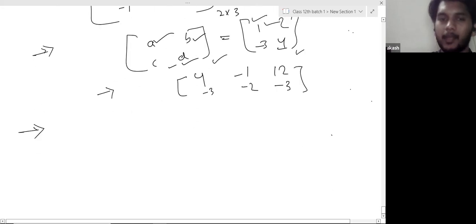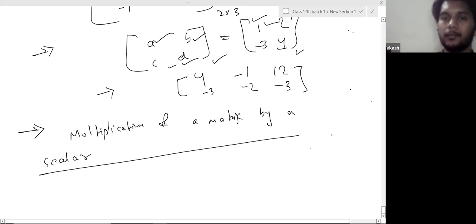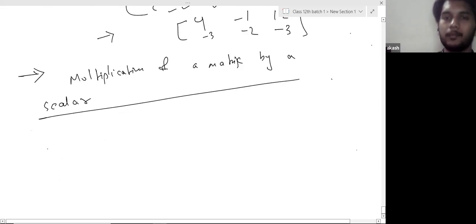Multiplication of a matrix by a scalar quantity. Scalar, you all know, is some constant number.